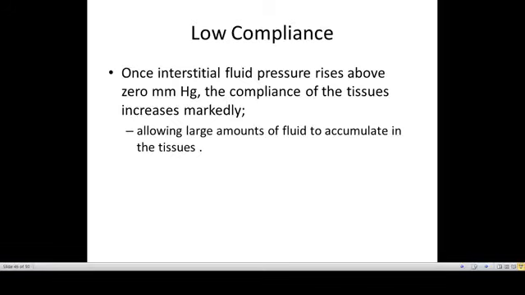So, once interstitial fluid pressure rises above 0 mm of mercury, the compliance of the tissues increases markedly, allowing large amounts of fluid to accumulate in the tissues.